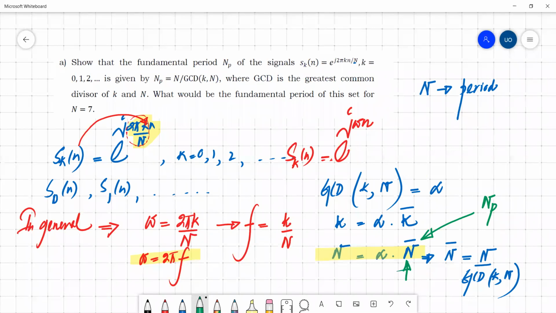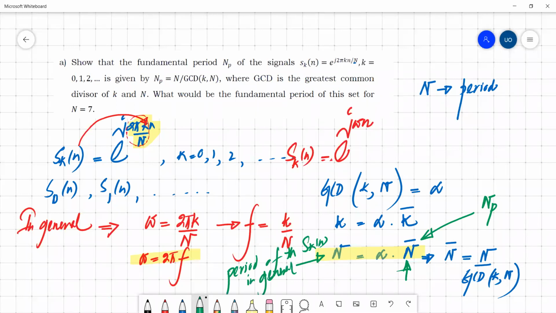Now with the common GCD, we represent the general period of this function. So this is the period of the function in general, the period of the S_k[n] in general.